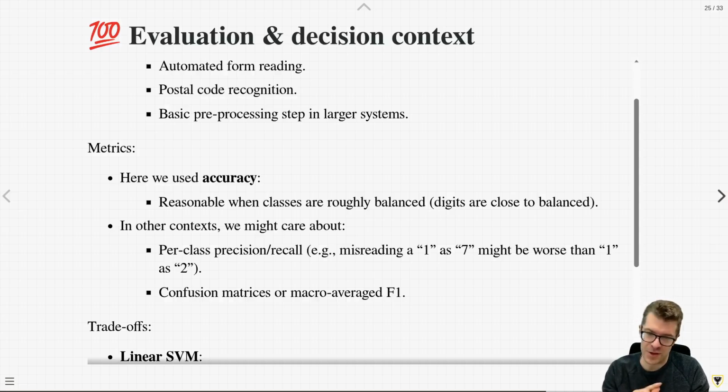Maybe 1s and 2s are also confusing, but the difference between a 2 and a 7 is so massive for whatever your use case is. Again, maybe you're measuring medicine, and it might be more dangerous to give someone 7 milligrams of something than 2, right? This is a totally arbitrary case, but I'm just trying to make the point that accuracy isn't always going to be the metric that you want to use.